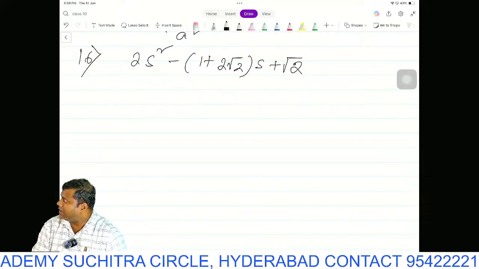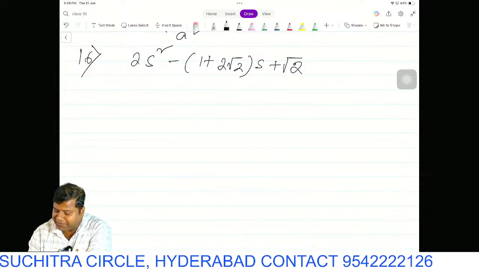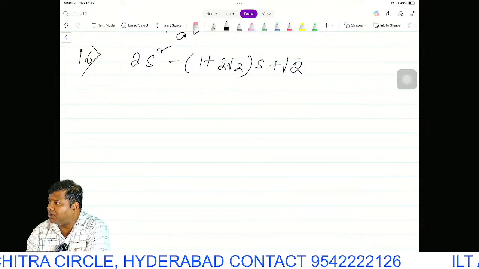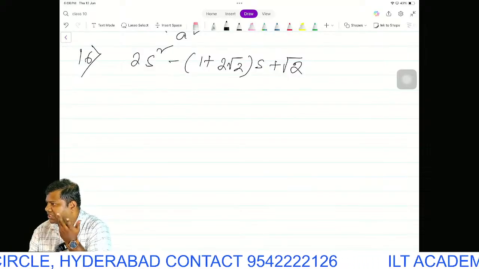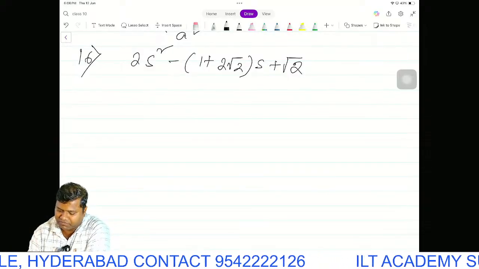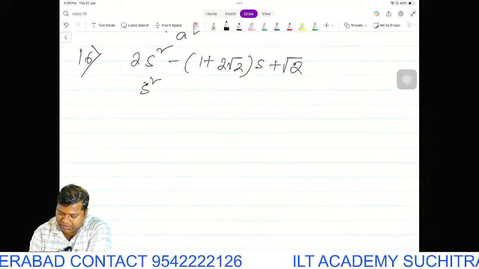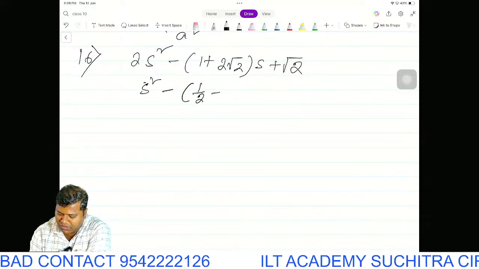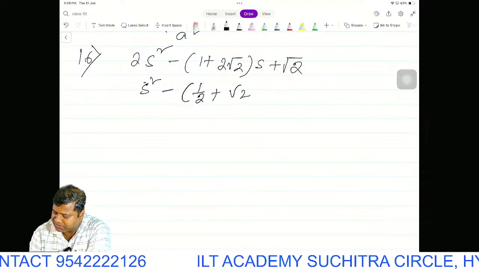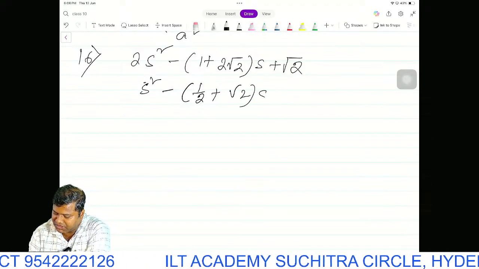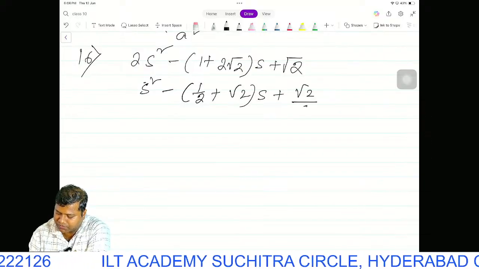Plus root 2, right? Now see, again I am just dividing the whole equation by 2. Then also the zeros will not change, right? So if I divide by 2, then this is s square minus 1 by 2 plus 2 root 2 by 2, which is root 2 only, s plus root 2 by 2.